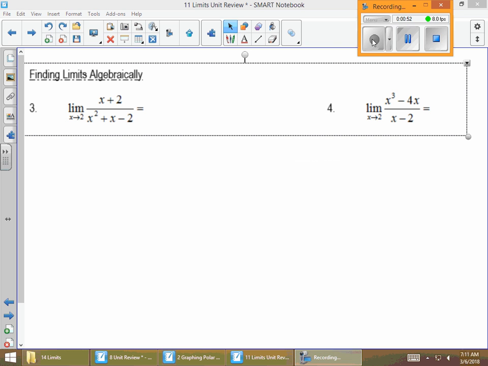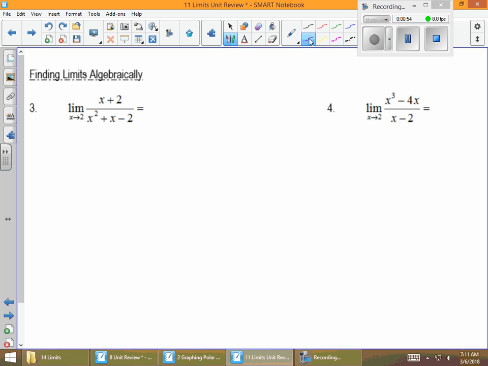Okay, that's better. All right, I'm going to start by plugging in 2 for the limit as x approaches 2 of this rational function. So I can drop my limit notation once I'm to the point of plugging in for x. So I'm going to do 2 plus 2 in my numerator, and 2 squared plus 2 minus 2.